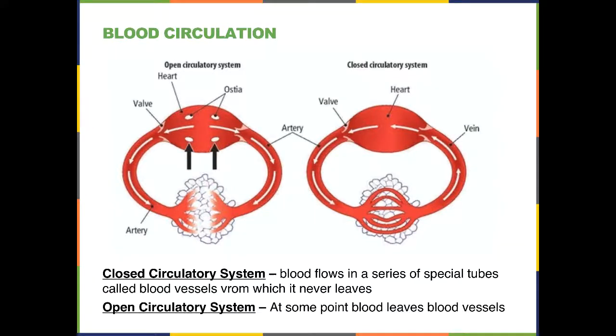This is opposed to an open circulatory system in which at some point in its circulation, the blood leaves the circulatory system and mixes with the tissues, and then in some way is collected back into the circulatory system to go through again. Now, humans obviously have a closed circulatory system, and what we will be talking about from this point forward is closed circulation.